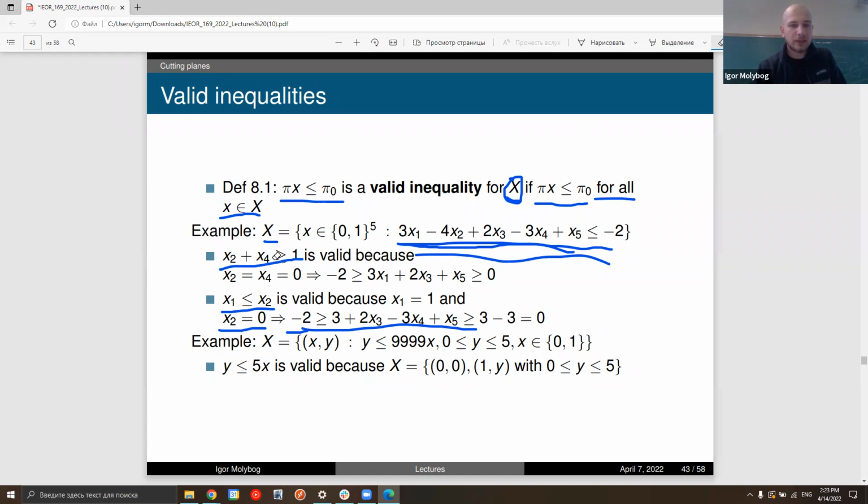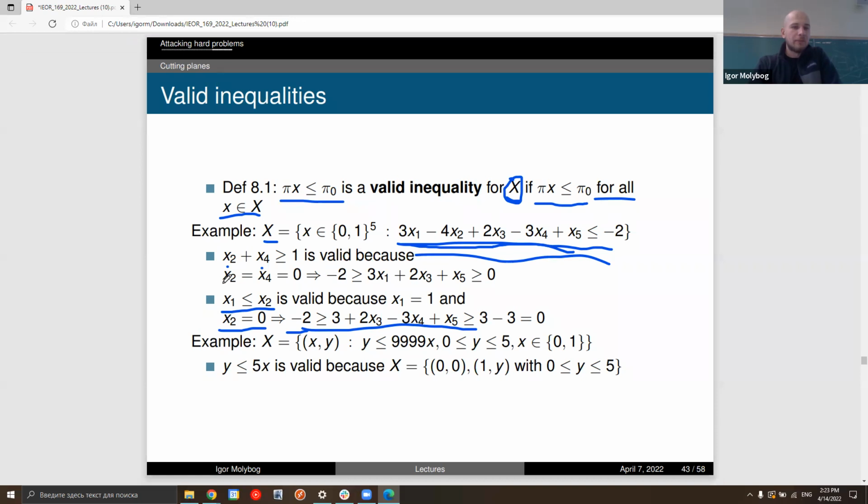So basically, what we are saying here is that there are two variables, x2 and x4, that take part in this inequality, and if we assume that this inequality does not hold, we can just show that this other inequality cannot hold either.